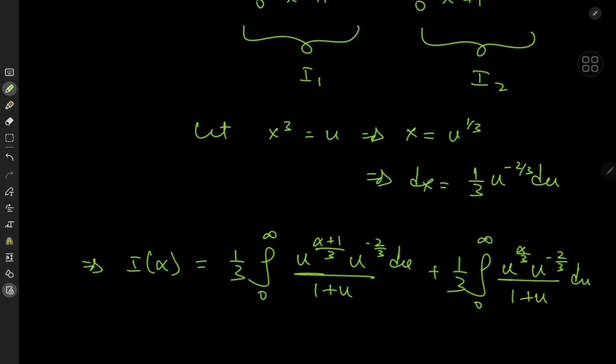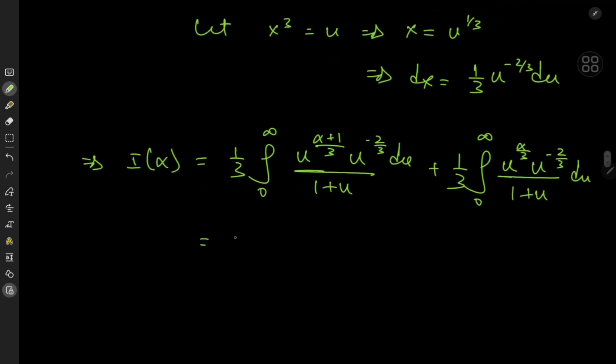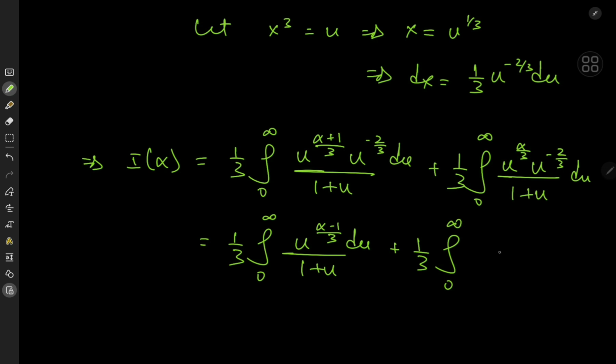So some simplification is in order. We have 1/3 of the integral from 0 to infinity of u to the alpha minus 1 by 3 du divided by 1 plus u, plus 1/3 of the integral from 0 to infinity of u to the alpha minus 2 by 3 divided by 1 plus u du.